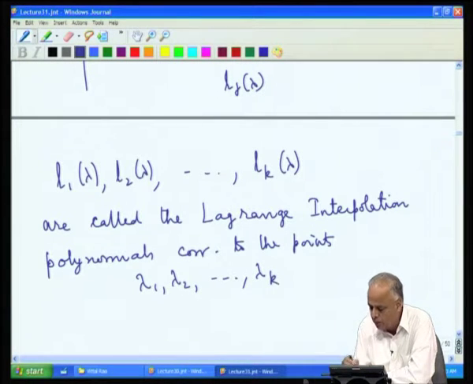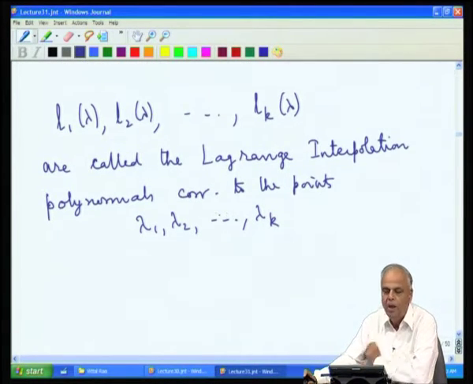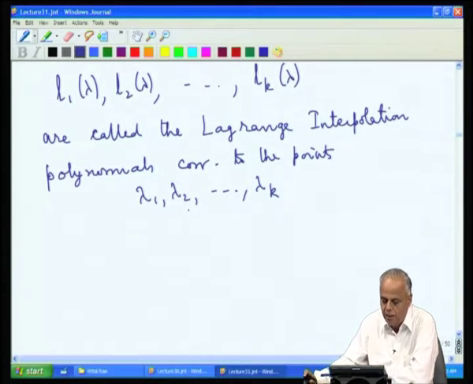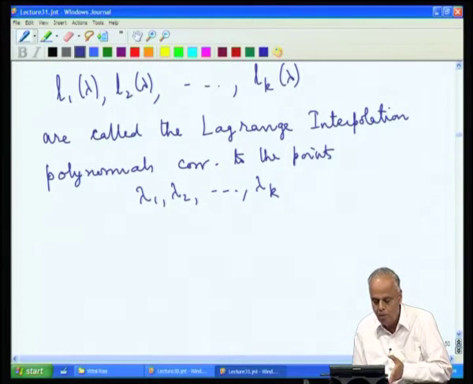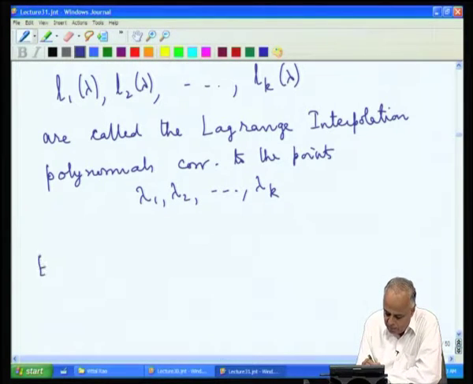These are distinct points, and corresponding to these distinct points we have these k Lagrange interpolation polynomials. Let us look at some examples.